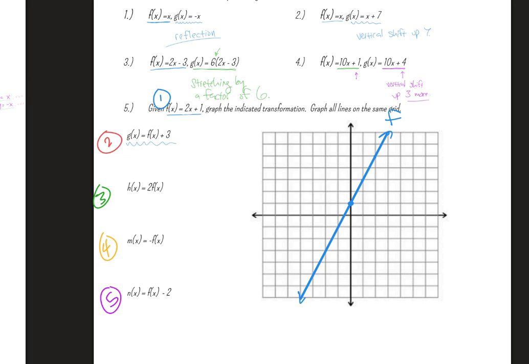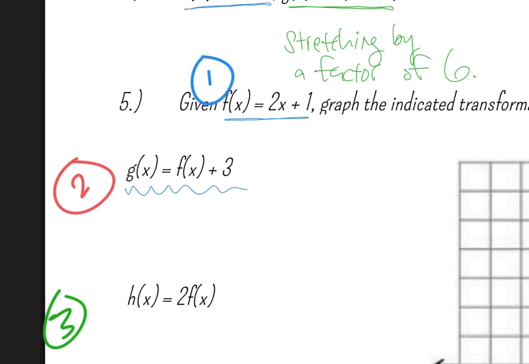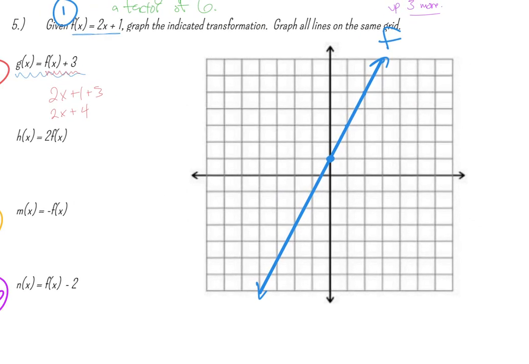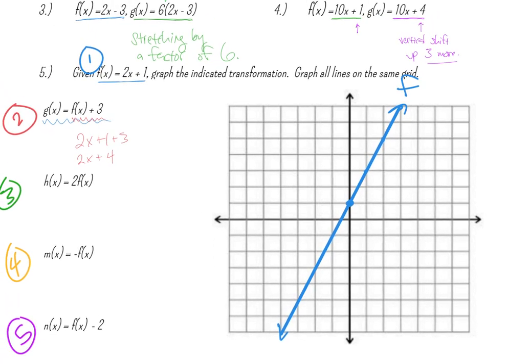So there we go. So what would happen if we added 3 to it? Well, we would get 2x plus 1 plus 3, which is 2x plus 4. So here's what happens. We shifted the blue line up 3. So 1, 2, 3. And if you don't want to think of it that way, notice our y-intercept is 4 now, right?